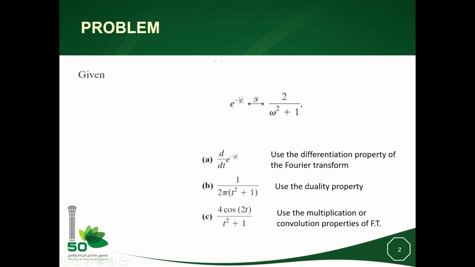And here I am proposing the duality property to be used. And in the third question, I am suggesting two possibilities: the multiplication or the convolution properties of the Fourier transform, because we know already that there is also duality between convolution in time domain and convolution in the frequency domain.